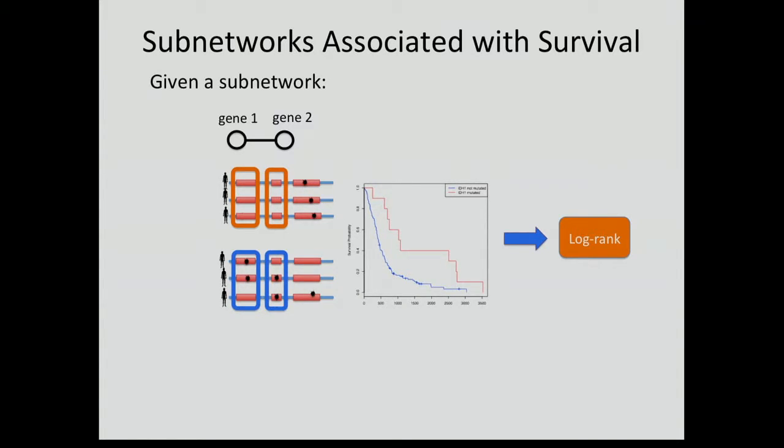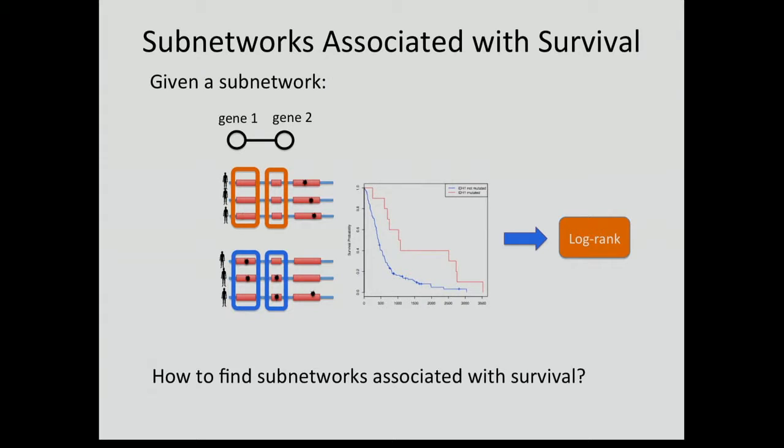I can divide the patients into the ones that have at least one of the 2 genes mutated and the patients that do not have any mutation in the genes. And now again, I can use the log rank test to measure the difference in survival between these 2 populations.